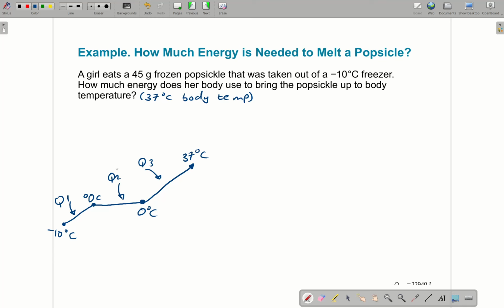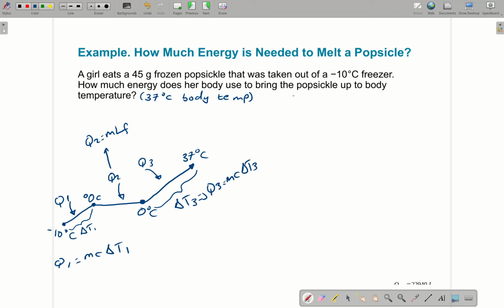Here, no temperature change, so heat 2 is equal to M times LF, heat of fusion for melting. Here there's a temperature change, delta T1, so Q1 will be MC delta T1. And here there's a temperature change, I'm going to call it delta T3 to agree with Q3. And I'm going to use Q3 is equal to MC delta T3.